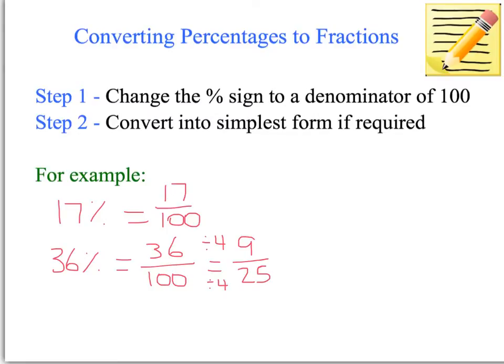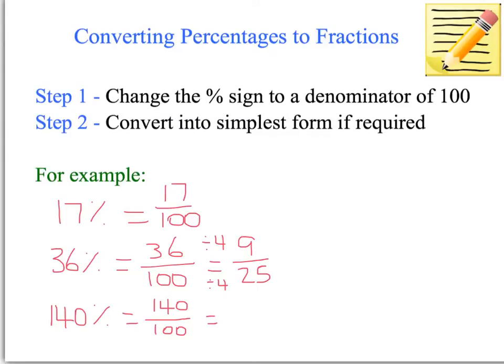Alright, you may also get something like 140%. So that's 140 over 100. Obviously that's more than 100% because 140 is more than 100, but we still break it down into its simplest form. We know that 20 is the highest common factor for this.